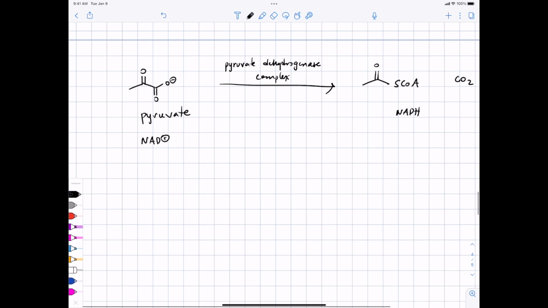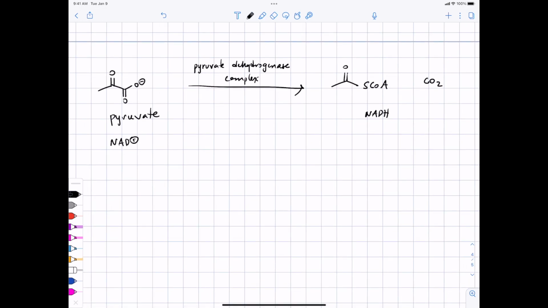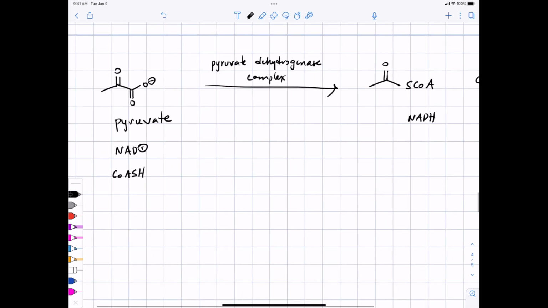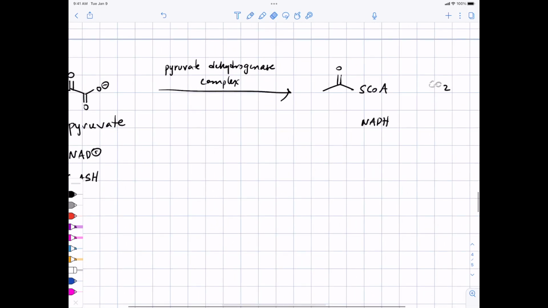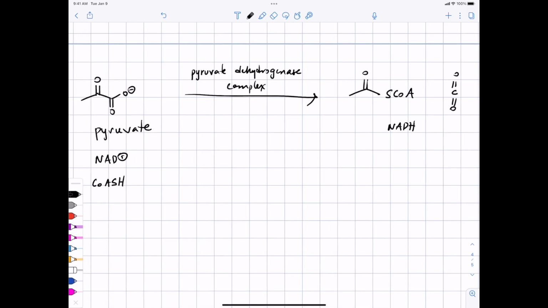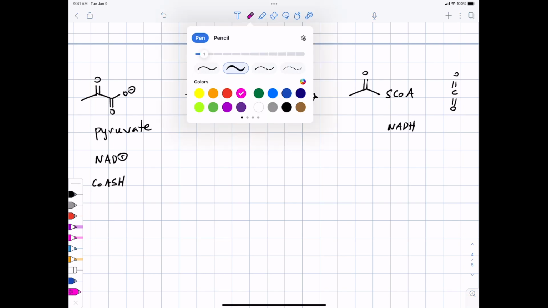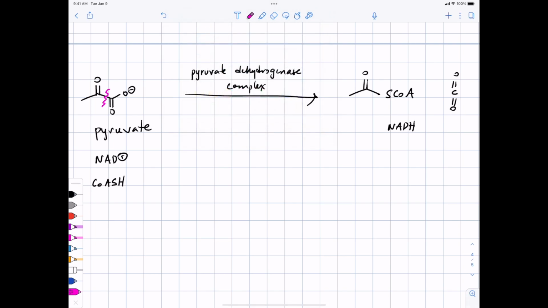One of our challenges here that we need to solve, and we need to bring in coenzyme A, the thiol. Okay. So look at what's changing here. We need to break a carbon-carbon sigma bond. Right? We want to break this one so that we can get CO2 out. Here was our carbonyl carbon. This is our alpha carbon.